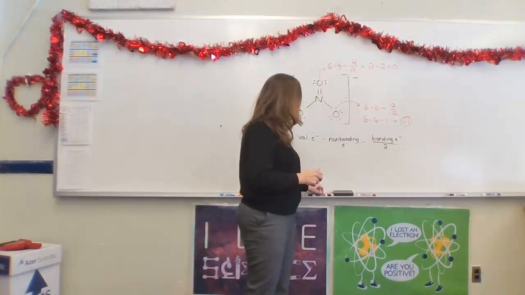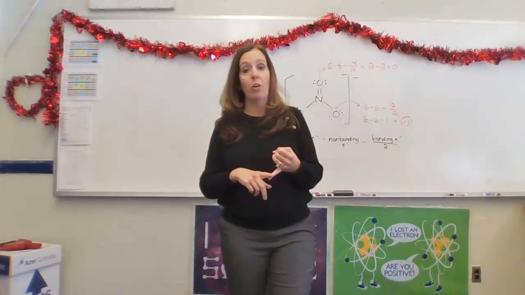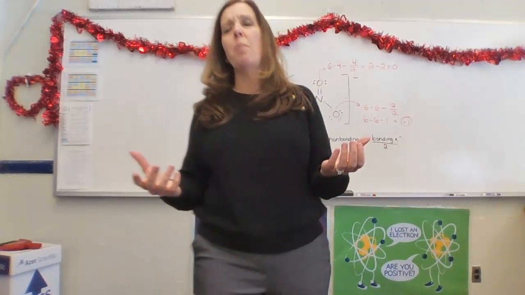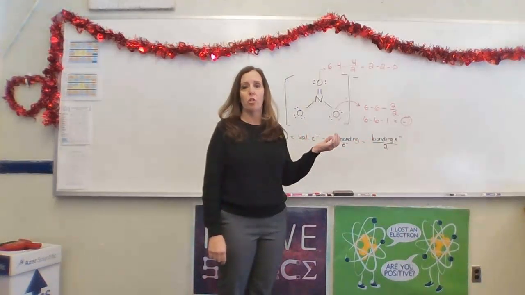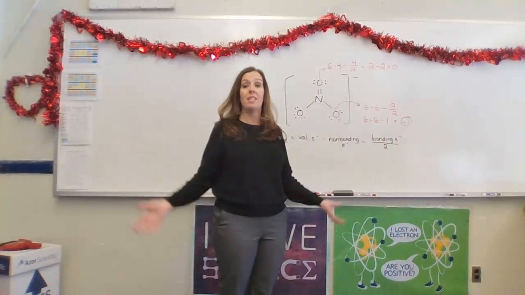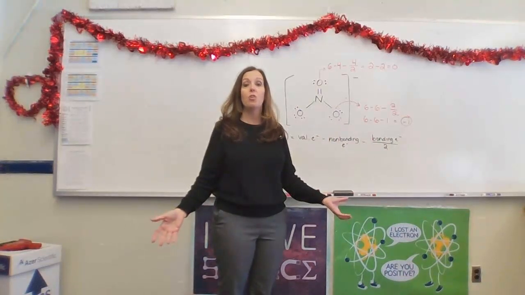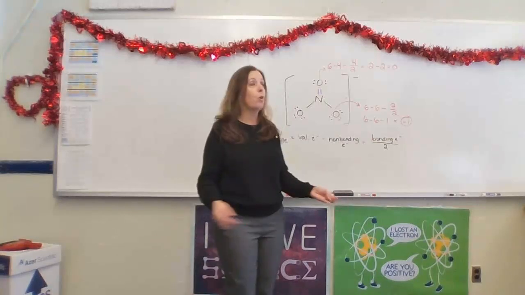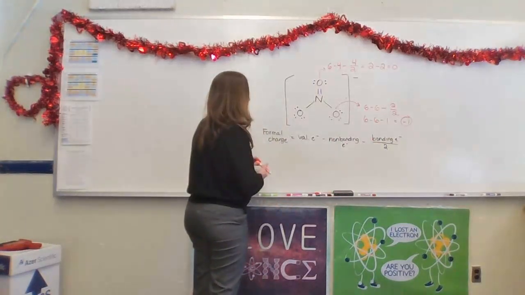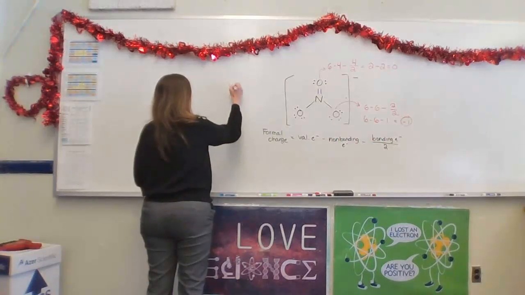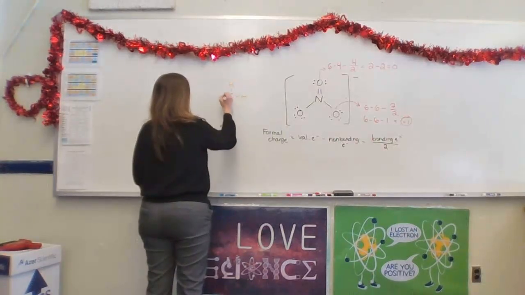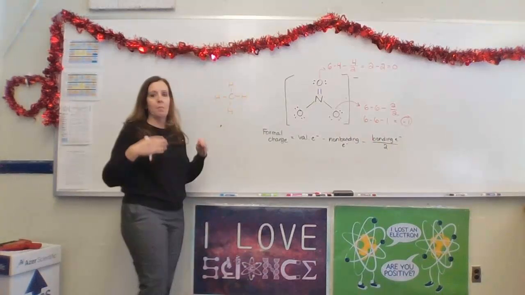The last thing I talked about in your notes was polarity. The gist behind polarity is if you do the Lewis dot structure and your structure is totally symmetrical, it's going to be nonpolar. So if you look at a substance that's symmetrical, for instance, this is symmetrical.